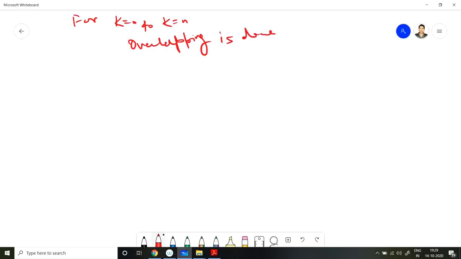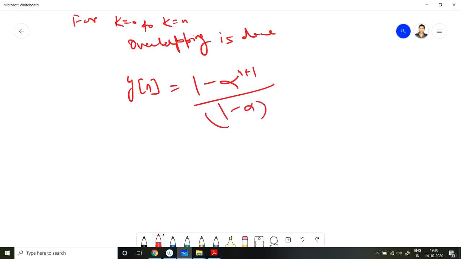So basically y[n] we can write, as in the previous case, as 1 minus alpha raised to the power n plus 1 divided by 1 minus alpha.